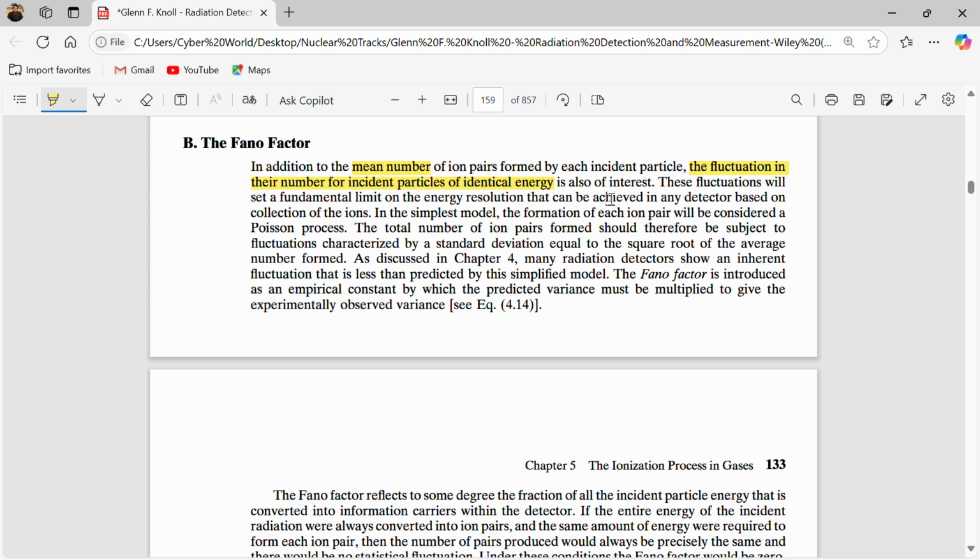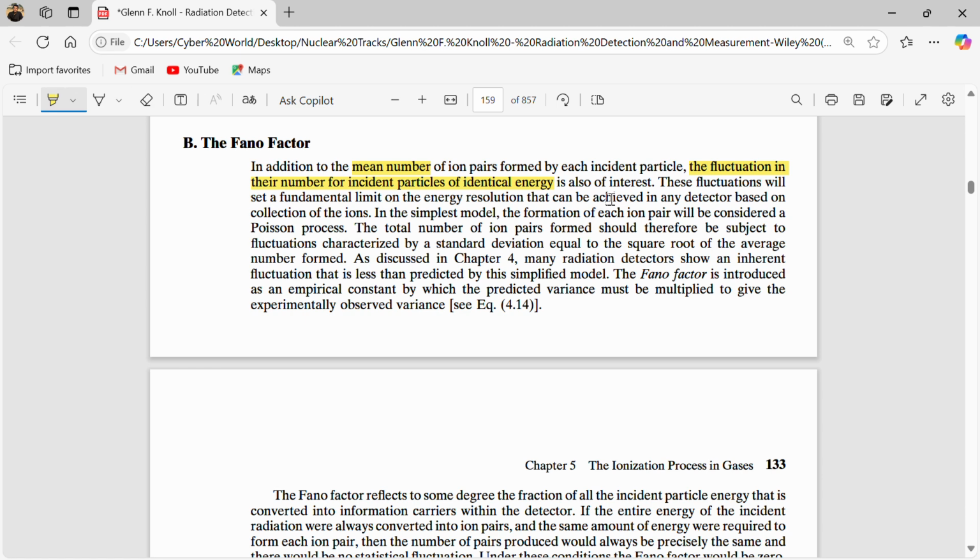If there is less fluctuation between incident particles, you can say that the particle is coming with low energy. The greater the incident particle fluctuates, the greater the energy it has. Okay, this factor is basically called the Fano factor.